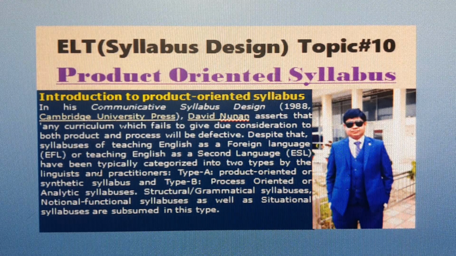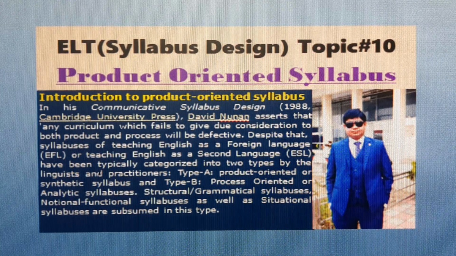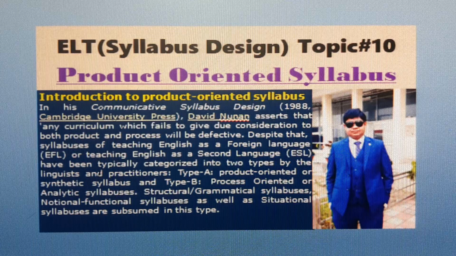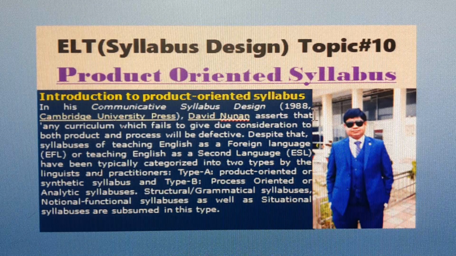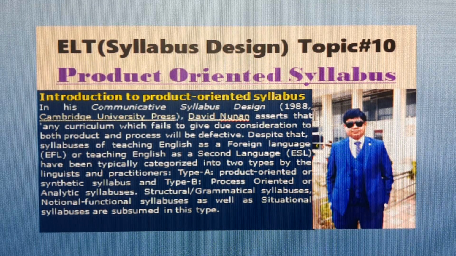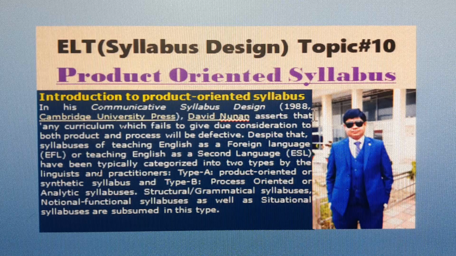Despite that, different types of syllabi are used in teaching learning English as a foreign language EFL or as a second language ESL programs. Language syllabuses have been typically categorized into two major types by the linguists and practitioners on the basis of their aims and purposes.